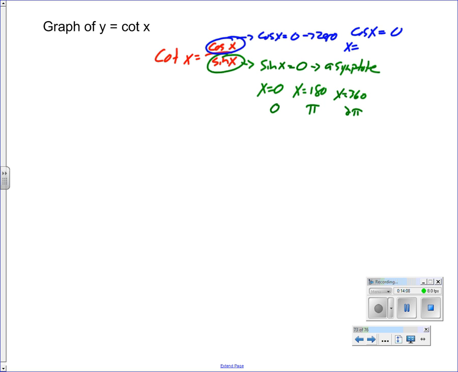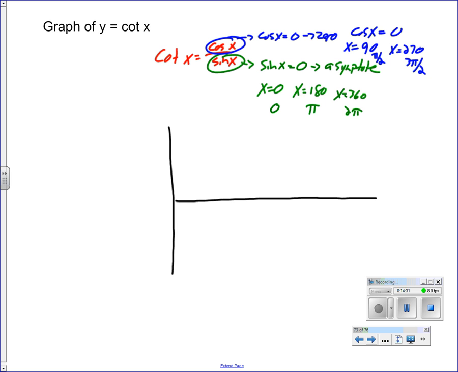So cosine is going to be 0 at 90 and at 270, or that's pi over 2 and 3 pi over 2 radians. And last thing, we know that both tangent and cotangent at 45 degrees are 1.